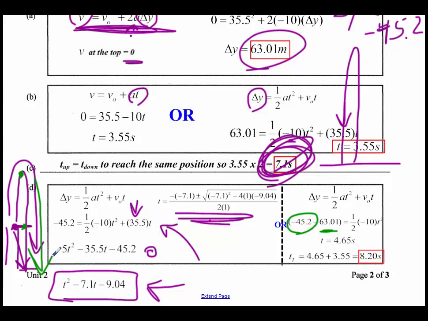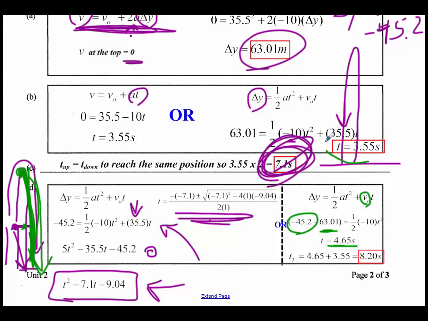And the convenient part about that is, what was the initial velocity at this point? At the very highest point, it was not moving. So if we put that as our starting position, we get an initial velocity of 0, and from that point to the ground, it's going to fall over 100 meters, and it's going to take just 4.65 seconds to do this portion of the fall.